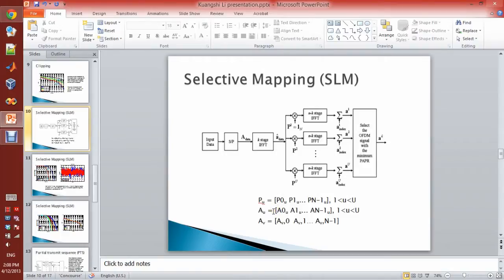So there will be a lot of new signals with the phase vectors, and I choose the one with the smallest PAPR as the signal I will transmit. Then at the receiver, I do the division to recover the original signal.